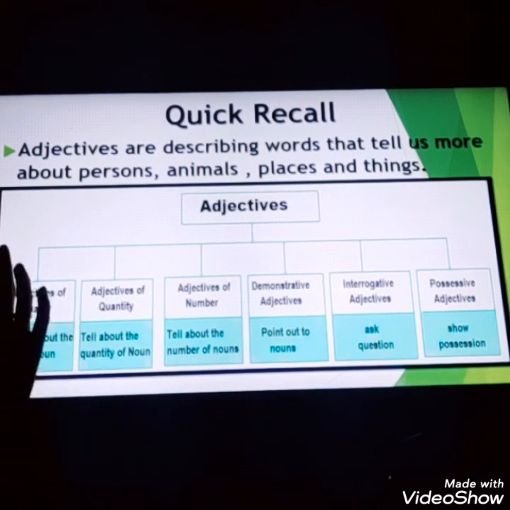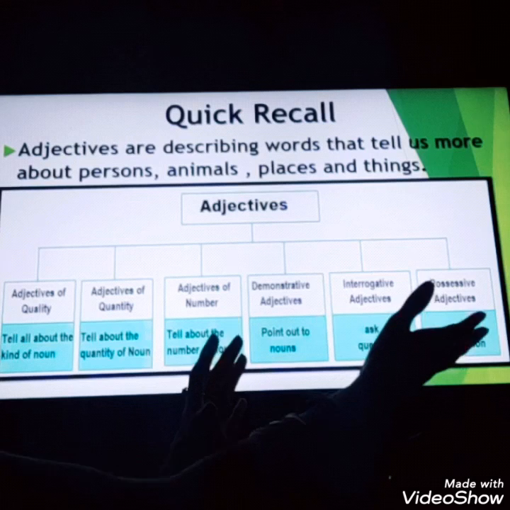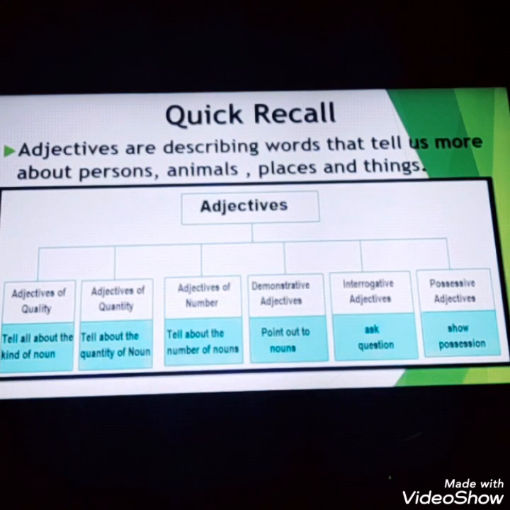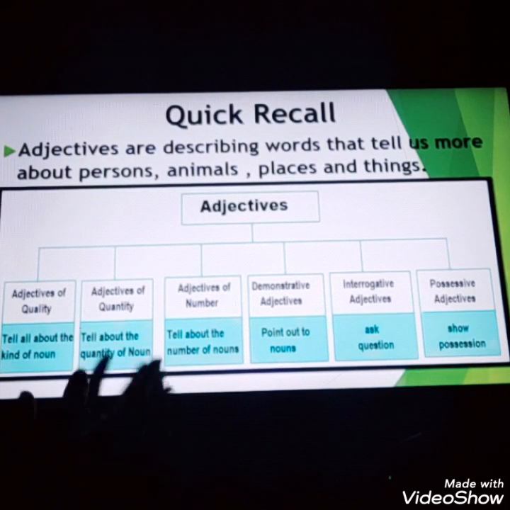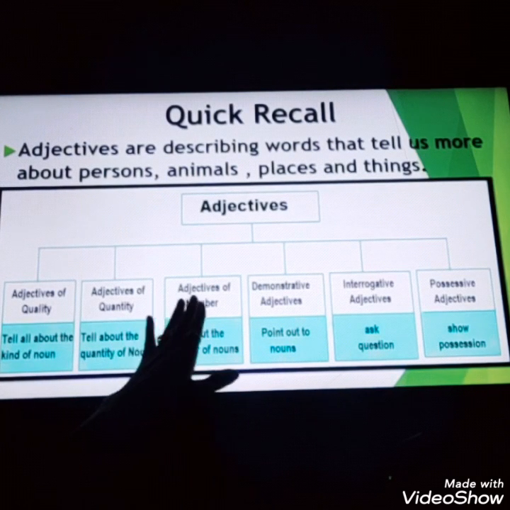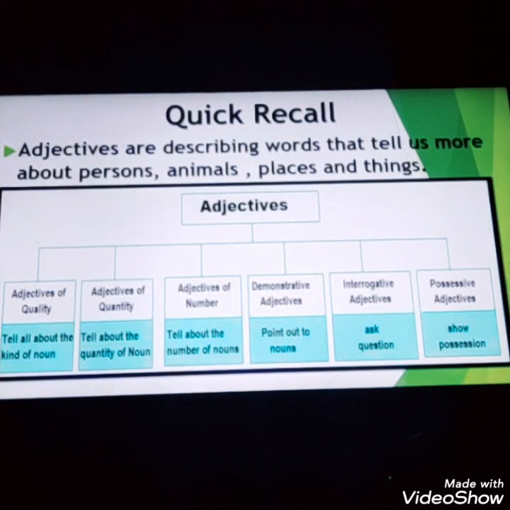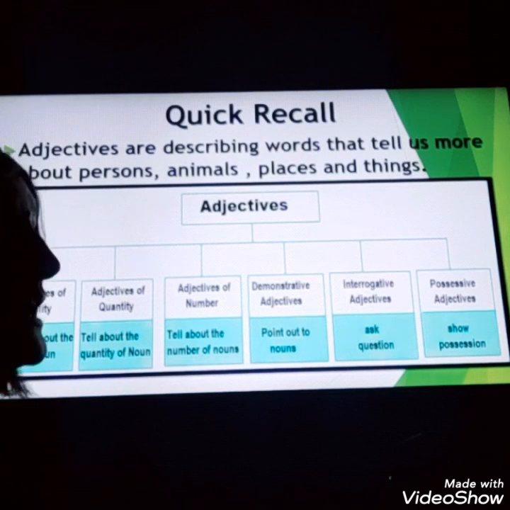And we have also learned the 6 types of adjectives. Adjectives of quality tell us about the kind of noun. Adjectives of quantity tell us about the quantity of a noun, how much, or uncountable nouns. Adjectives of number tell us about the number of nouns, how many.